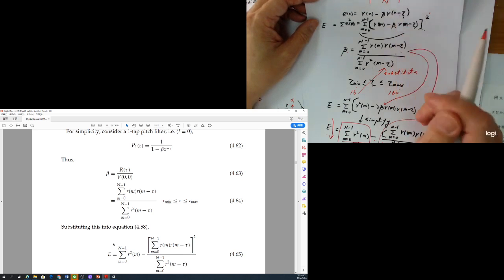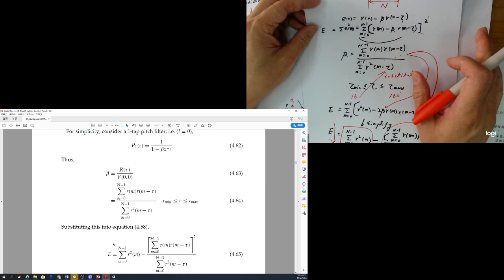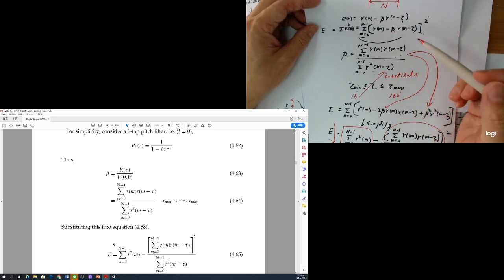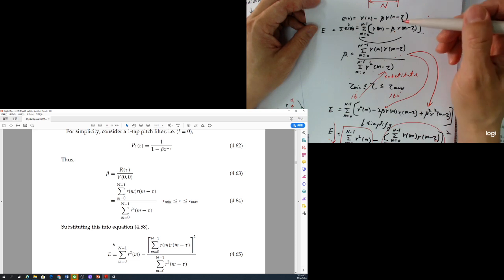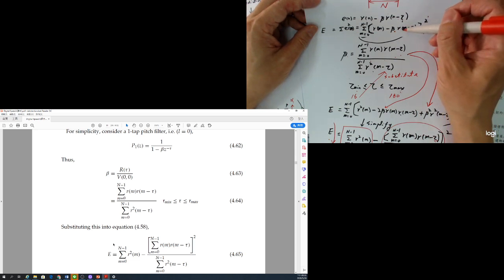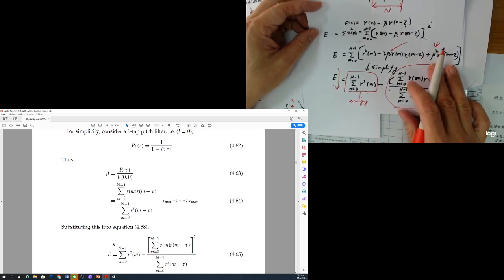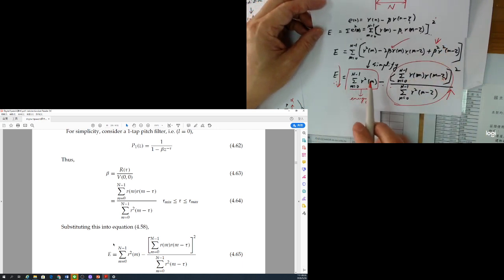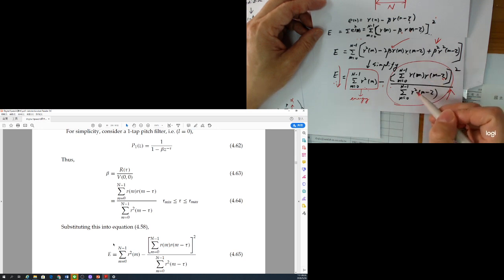Because it is one tap, we do not have an inverse matrix calculation. So we just use the beta, substitute into your original cost function, error function, and then find that your error depends on your energy subtracted by your normalized, because you divide by energy, waveform energy, and then autocorrelation. So they have an autocorrelation divided by your energy, so it's a normalized autocorrelation.